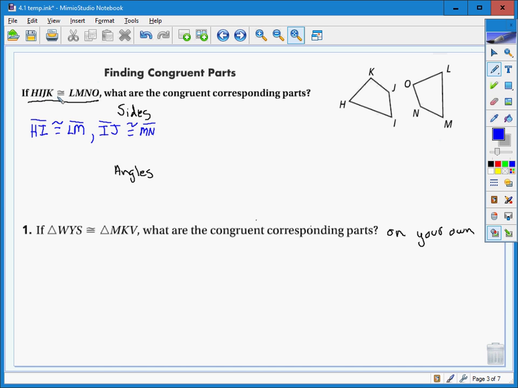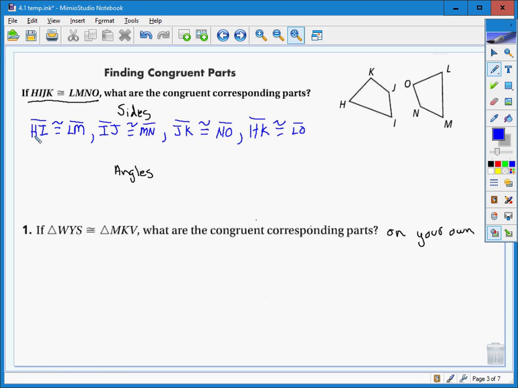That would be the second two lined up with the second two. Segment JK is congruent to NO. That'd be the last two lined up with the last two. And the last pair of sides would be segment HK, which would be congruent to LO, the outside two and the outside two.